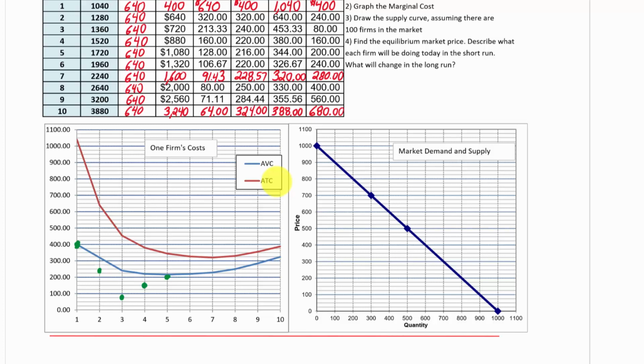The sixth one costs $240. The seventh one $280. $400. $560. And $680. Okay. And so that marginal cost curve usually looks kind of like a check mark.